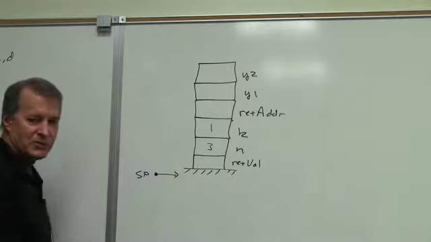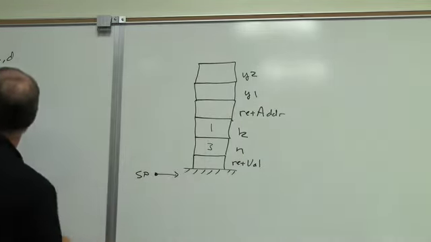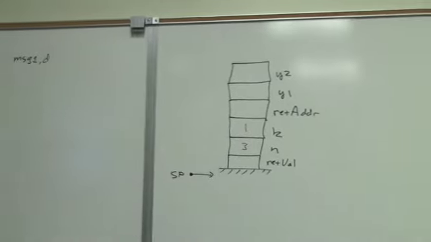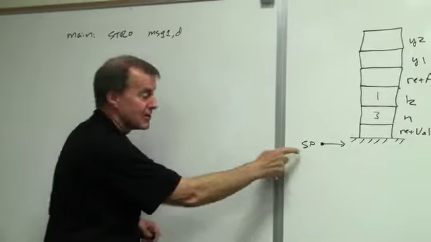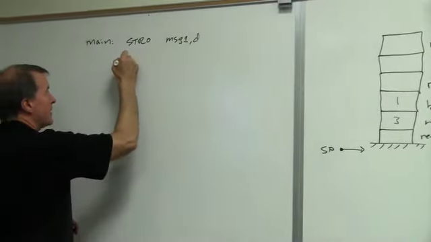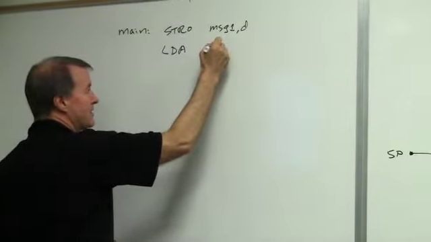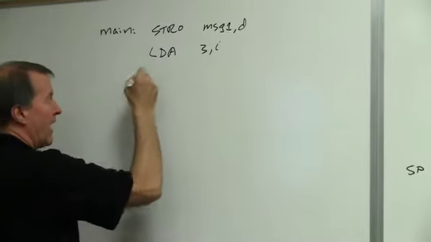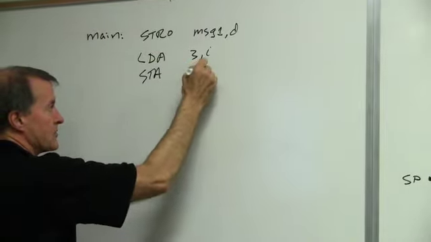Now, is everybody with me on that? Yeah. Okay, so how do we put the 3 here? Because SP is here, right? So we have to load the accumulator with the 3 first. Yeah, that is correct. So load accumulator 3, addressing immediate, and then store accumulator at -2, stack relative.